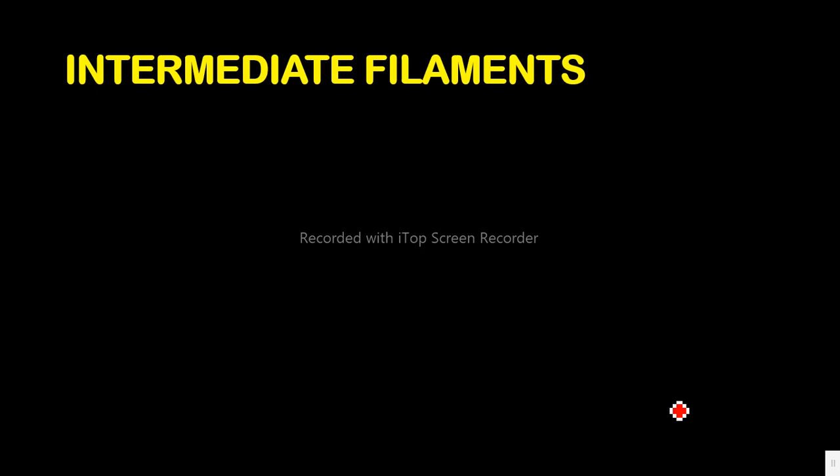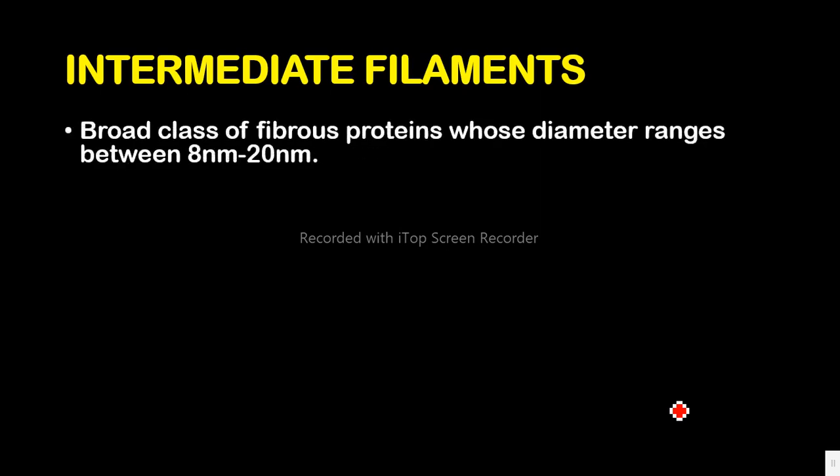Then with intermediate filaments, now these ones are intermediate because of their diameters; it falls between the small actin filaments and the large microtubules. So that's why they are called intermediate filaments.